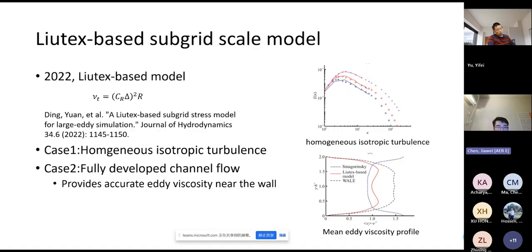Their work validated the model on two test cases. One is the homogeneous isotropic turbulence, and the other is the fully developed channel flow. As you can see from these two figures, the model provides accurate eddy viscosity distribution near the wall, which is crucial for wall-bounded flows. This was a significant advancement because it shows that Liutex could serve as an effective velocity scale in subgrid modeling.